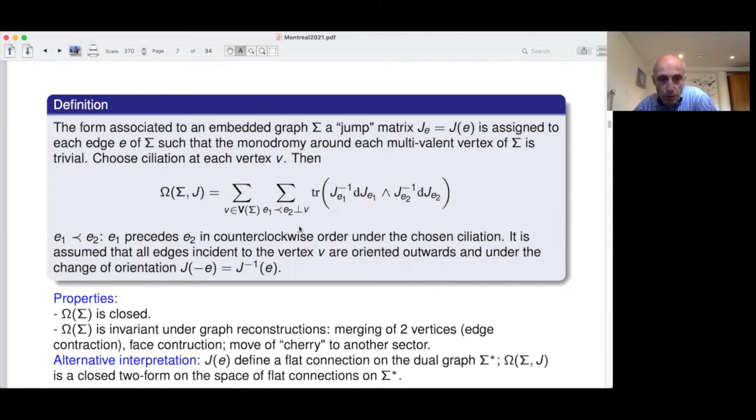So for vertex V, this is the double sum over all edges coming to this vertex, and they are ordered, so this denotes the ordering of the edges. And then we have the sum of traces of these products, right? So it's essentially a double sum, and V runs through all vertices.